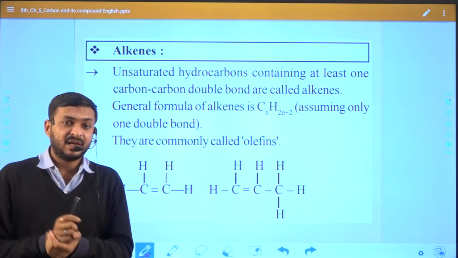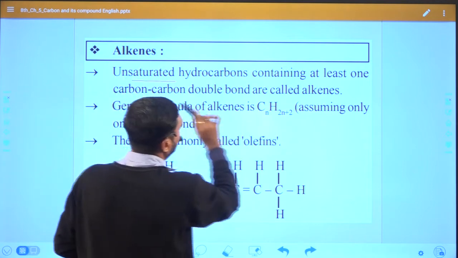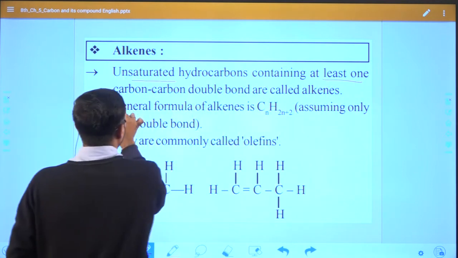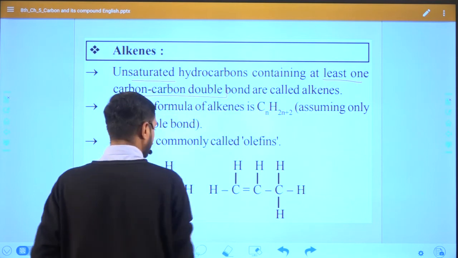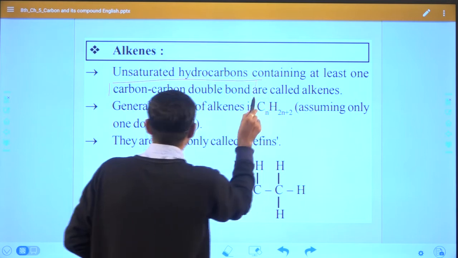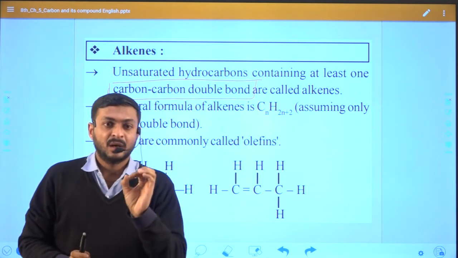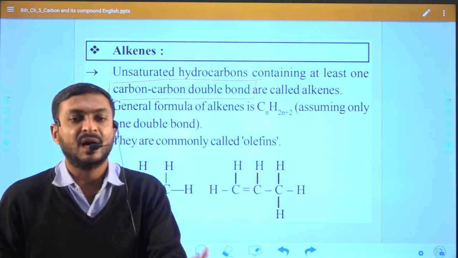An alkene is an unsaturated hydrocarbon containing at least one carbon-carbon double bond. This is very important.